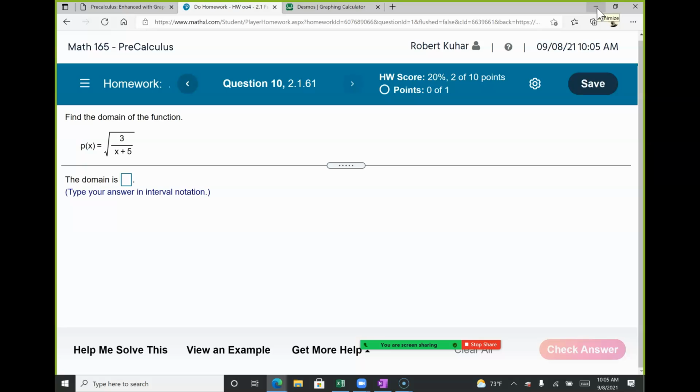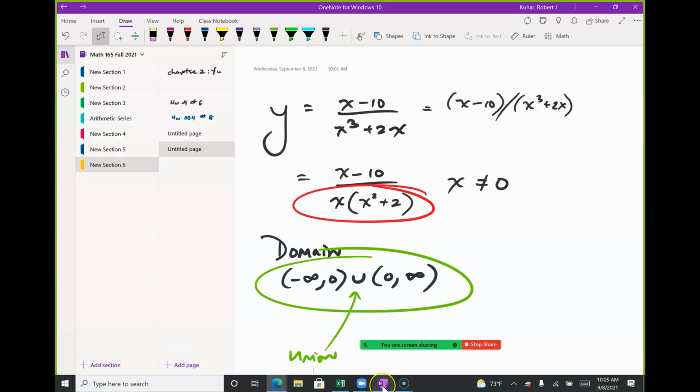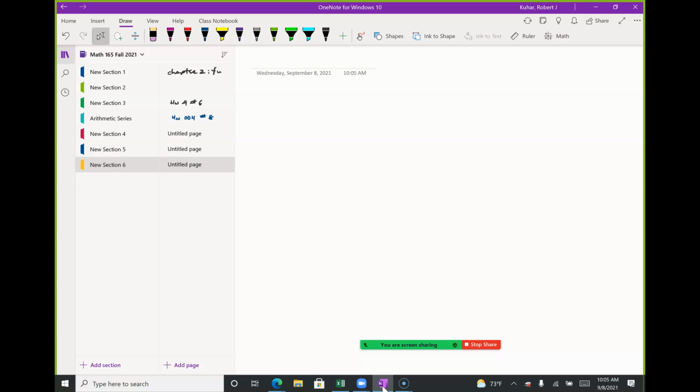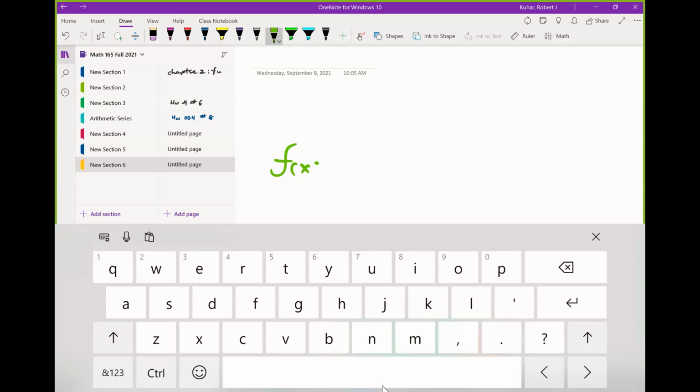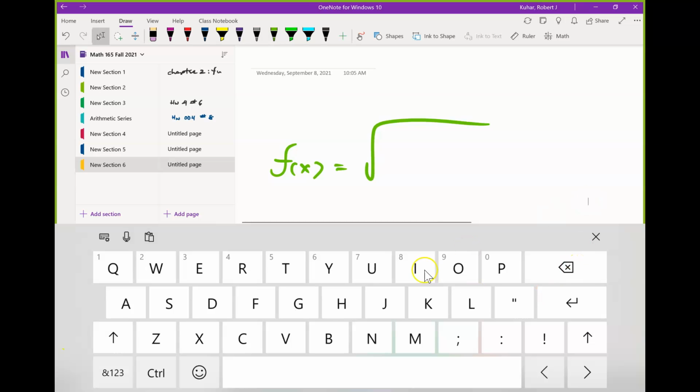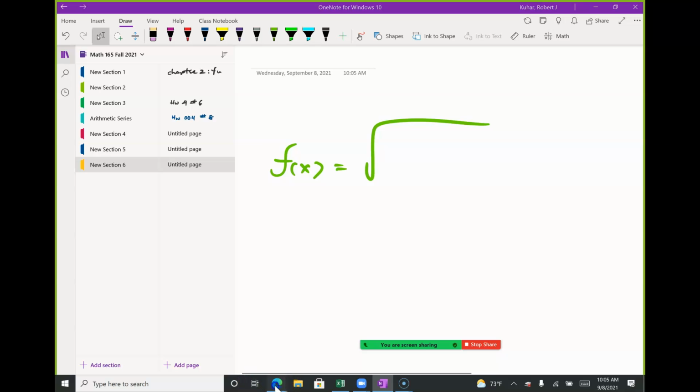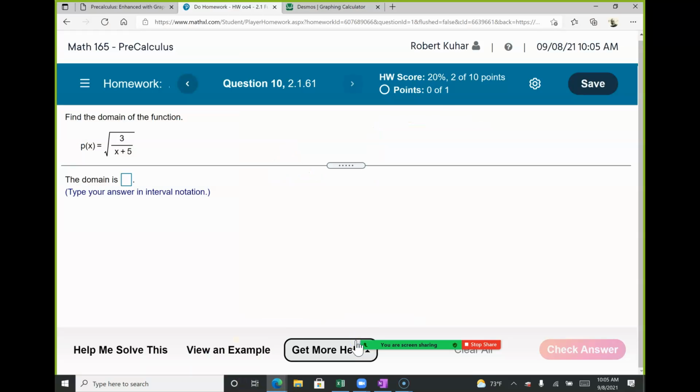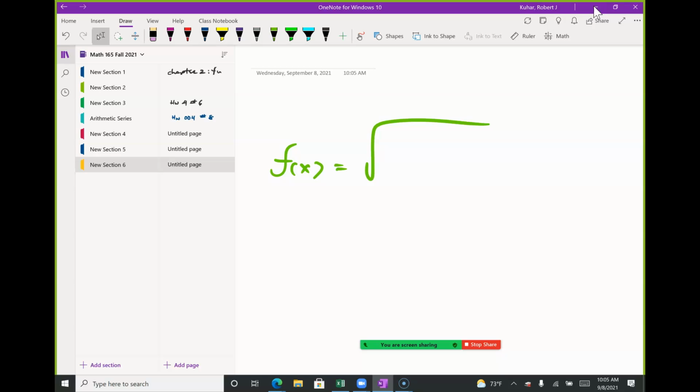Good. Square root function. Now I have a square root function. So what's true about an even root? I can't take an even root of a negative number, right? So let's take a look at this one. So I've got my function f of x equals square root of, I forget already, it's pretty sad. The brain's not quite awake yet. Of 3 over x plus 5.